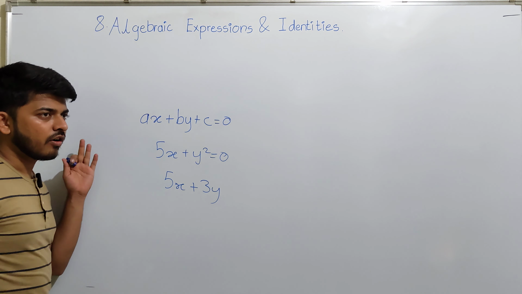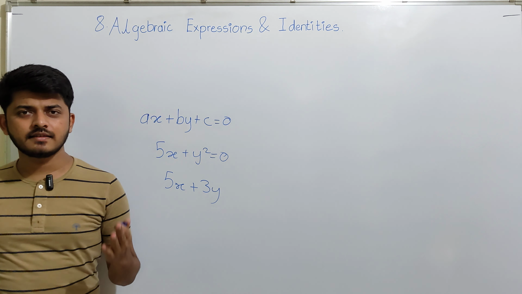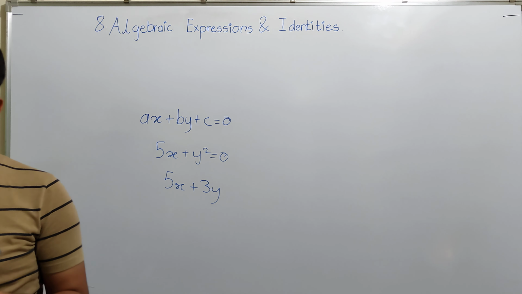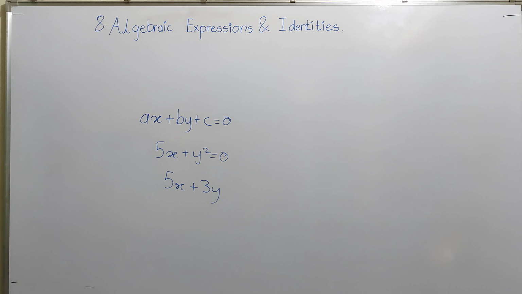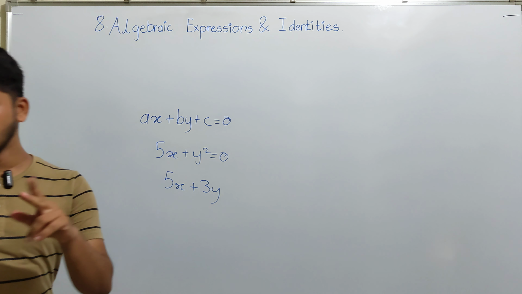These are all algebraic expressions. On the very first page of the textbook, please do read that. They have given the examples of algebraic expressions, and they have also added two equations.